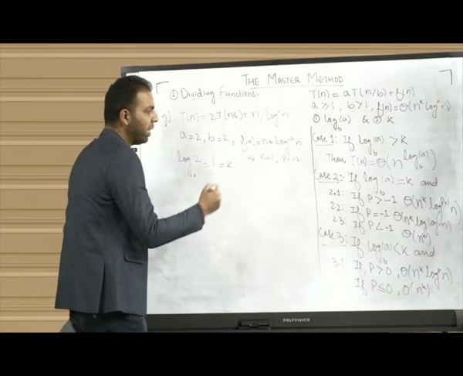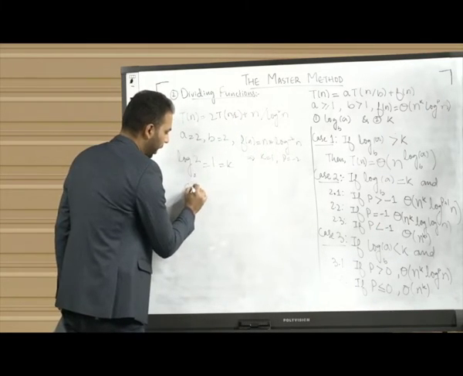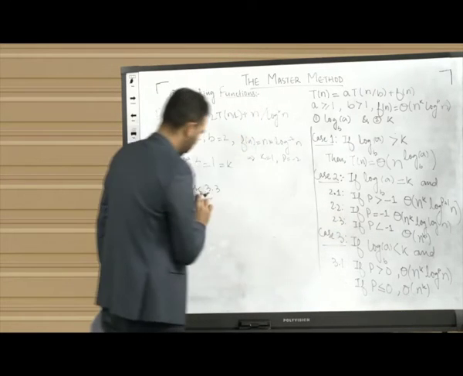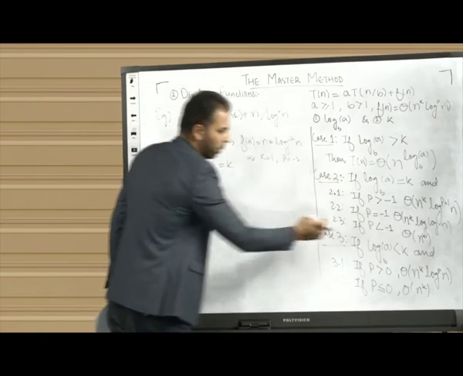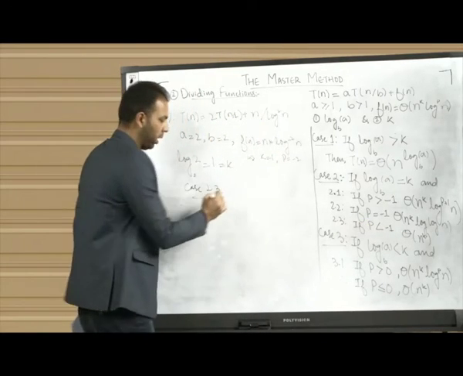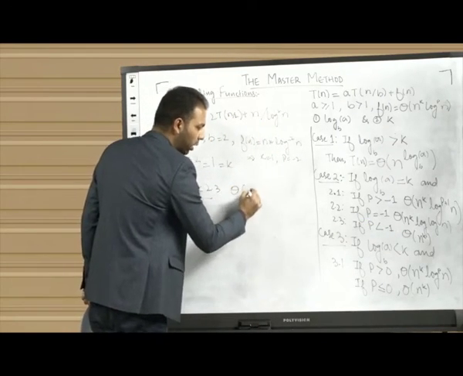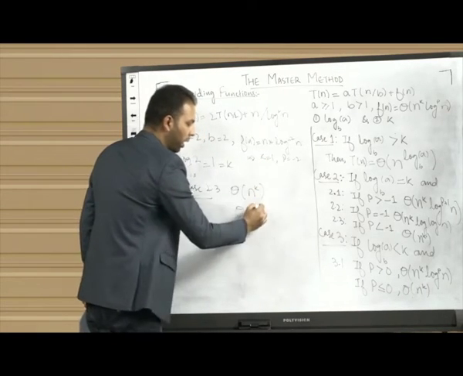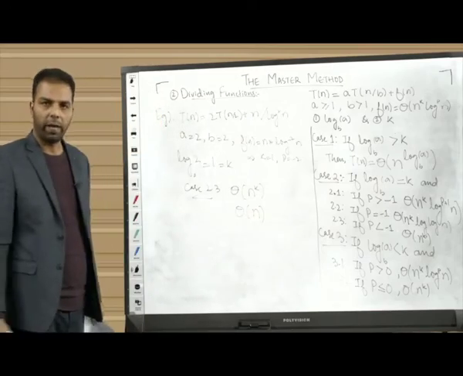So it is case 2.3, where p is less than minus 1. So it will simply be of the order n raised to the power k. Since k is 1, it is of the order n.